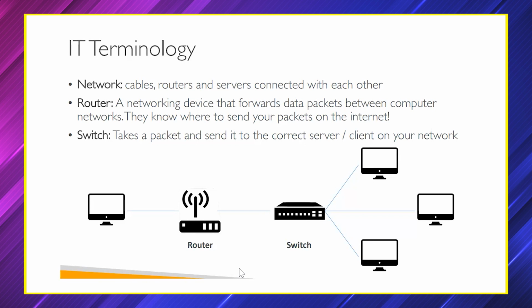Consider the client over here, sitting single, not part of this group. This person is trying to send an email or an address to a specific computer. You can compare it to the terminology of posting a letter.